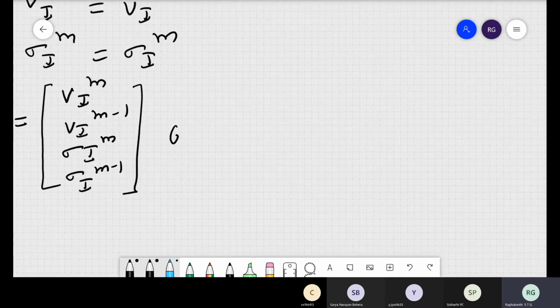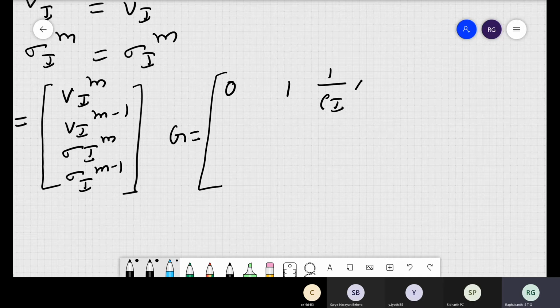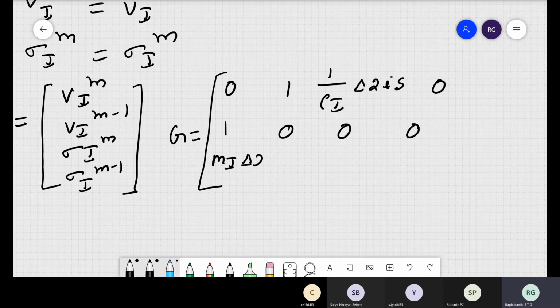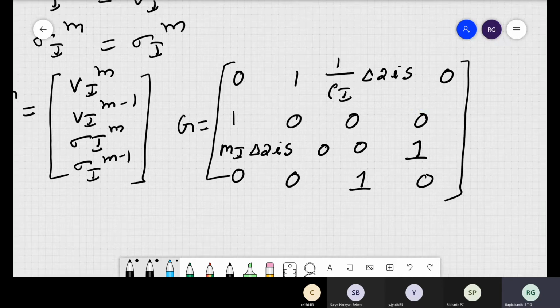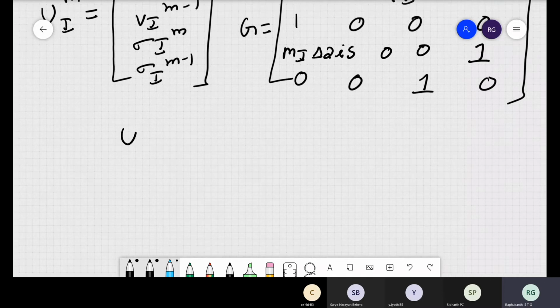Now our matrix G will be a 4 by 4 matrix: 0, 1, 1 by rho_i delta 2i S, 0; then 1, 0, 0, 0; then mu_i delta 2i S, 0, 0, 1; then 0, 0, 1, 0. So this is my matrix. Now I can write this in the format u_i^(m+1) equals G u^m.